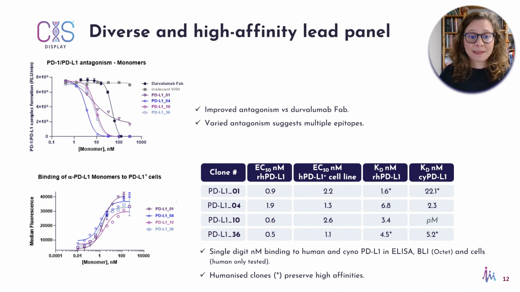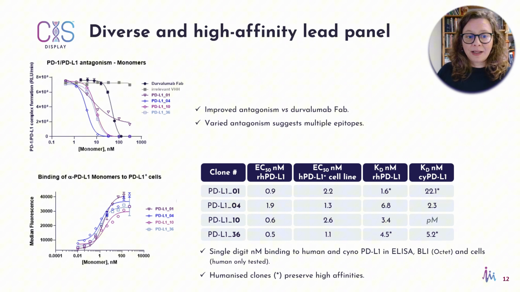As you can see from this example, we do have the durvalumab Fab doing 100% inhibition with very good affinities. And from our 4 hits, 3 of them do inhibit 100% with different characteristics, and one of them shows only partial inhibition. So this indicates that there is diversity in the pool of primary hits that we get.